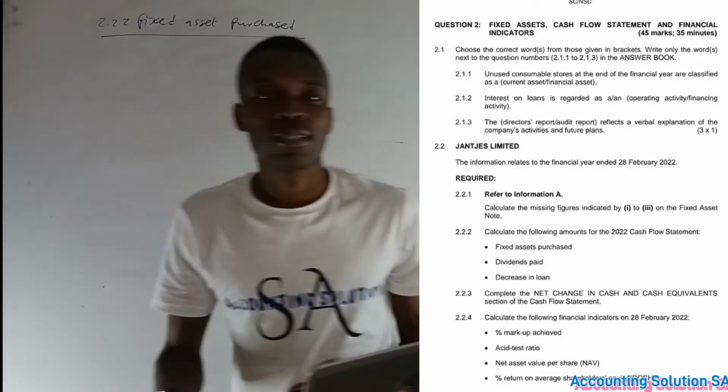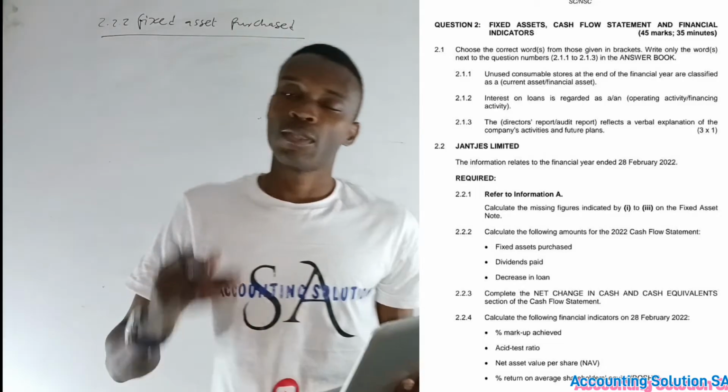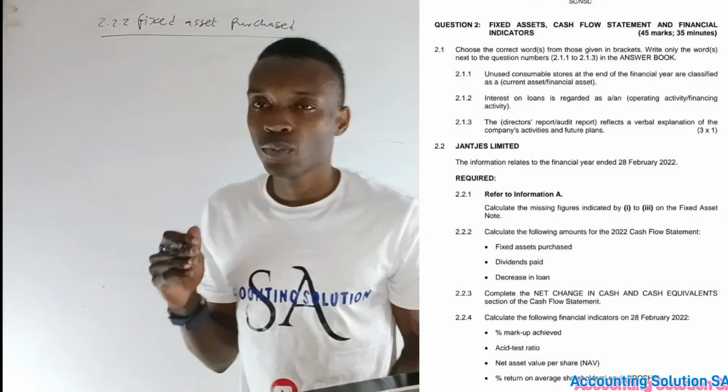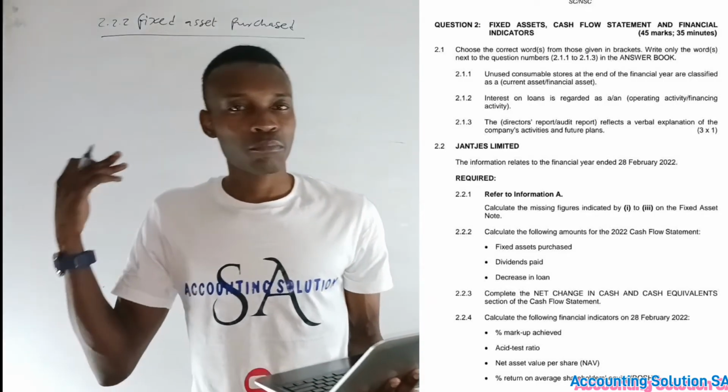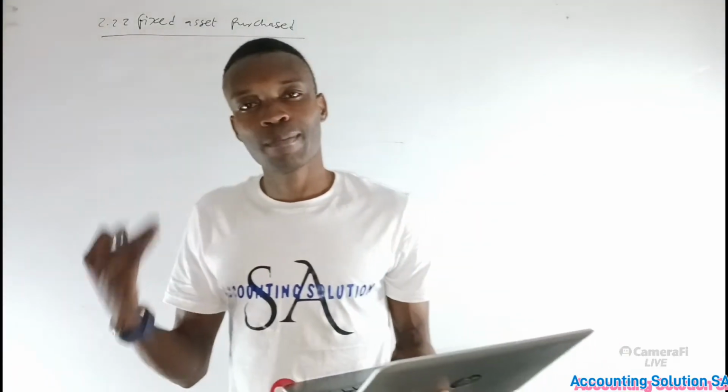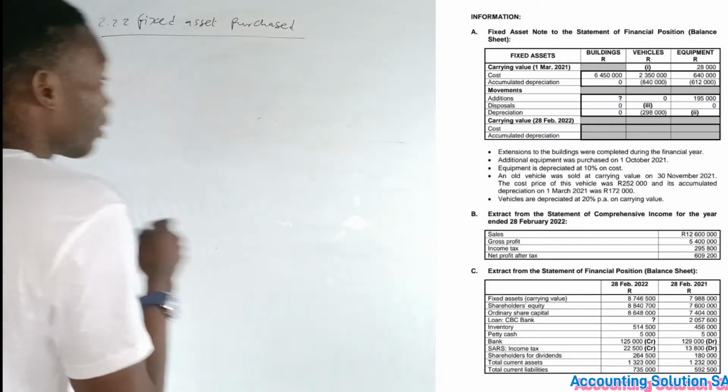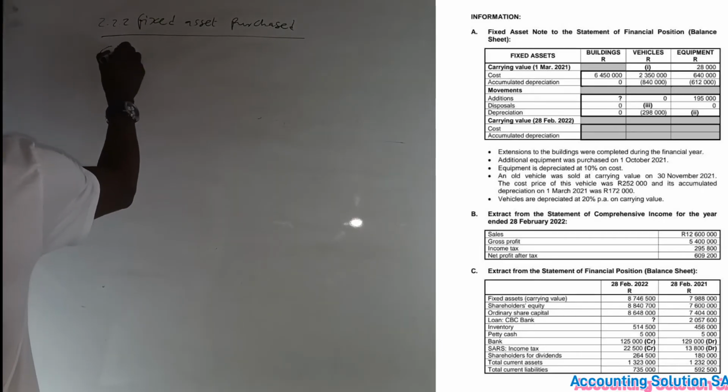Alright, fixed asset purchase, guys, it's very simple. What you have to do, you use the same calculation that you do when you are preparing a PPE note. Okay, remember when you prepare a PPE note, guys, you start with what we call a carrying value at the beginning.